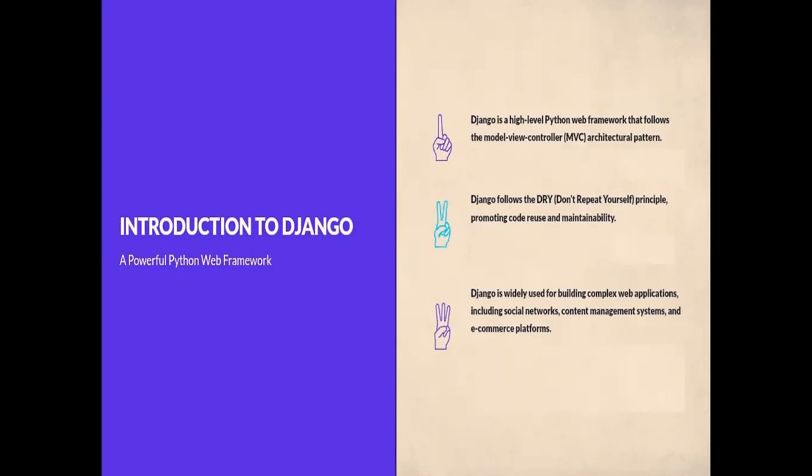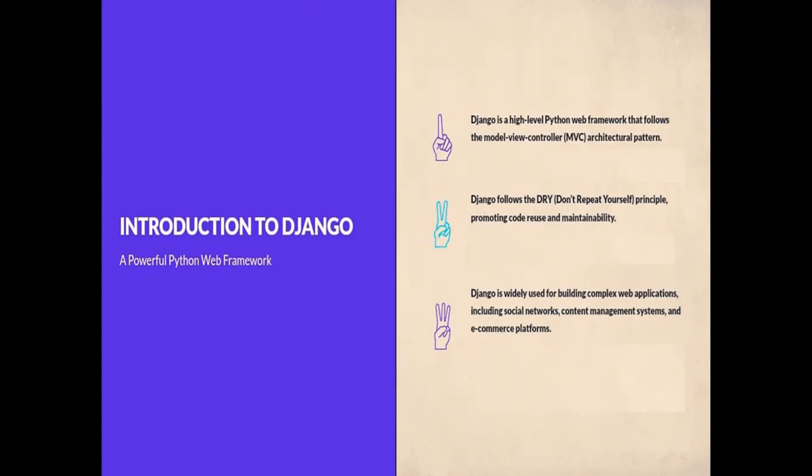Introduction to Django. It's a powerful Python web framework. Django is a high-level Python web framework that follows the model view controller architectural pattern. It provides a robust set of tools and features for rapid development and scalability.